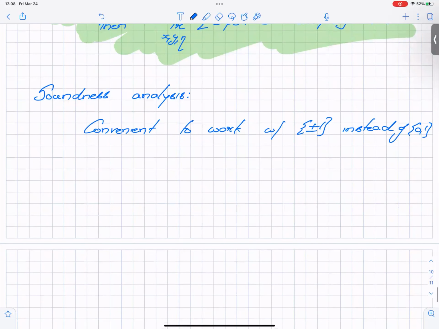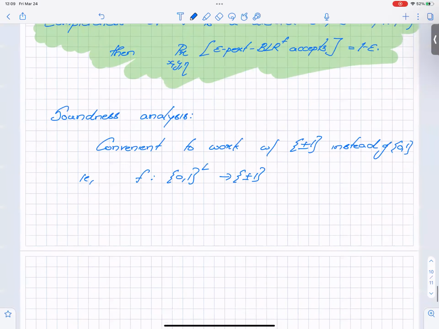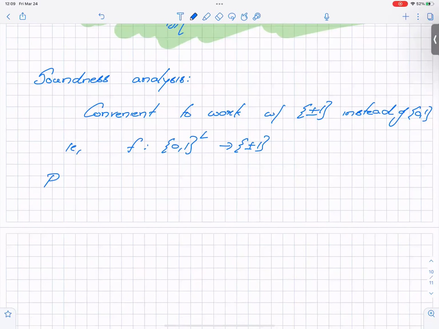Okay. So think of f as a function from {0,1}^L to ±1. What's the probability over x, y, and eta that the epsilon-perturbed BLR test accepts?